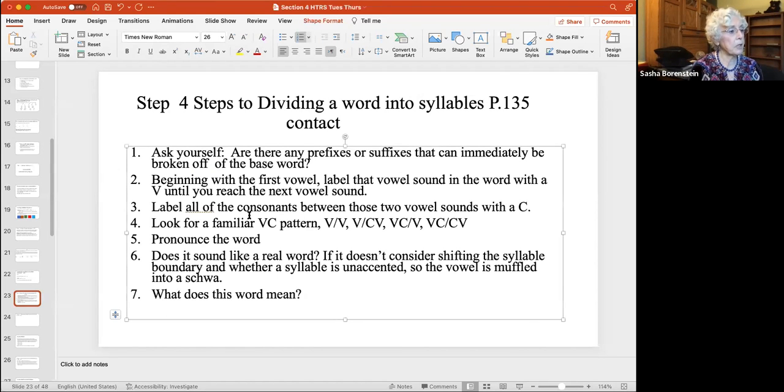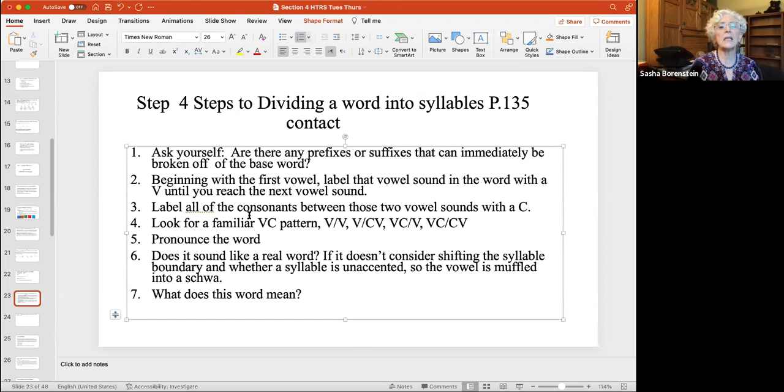Because we've done it a bunch of times, haven't we? So one thing that we would add is, are there any prefixes or suffixes that can be immediately broken off of the base word? And you really can't ask that question until you've taught some prefixes and suffixes, right? But you can start at number 2.